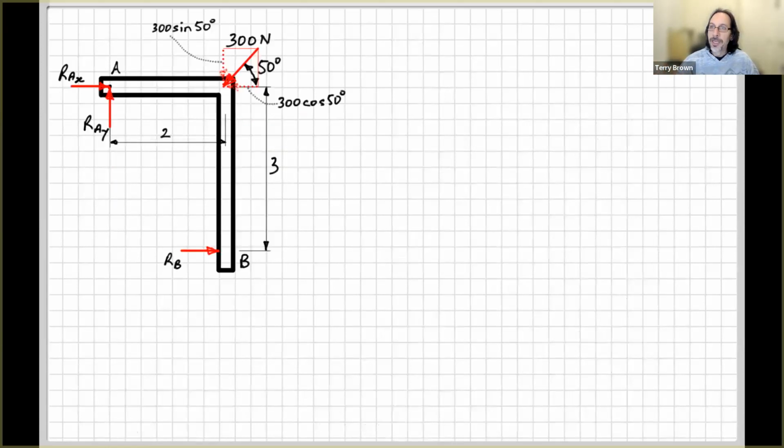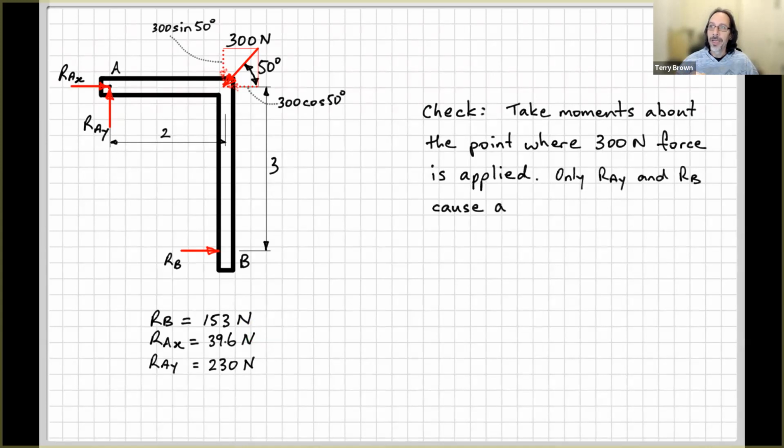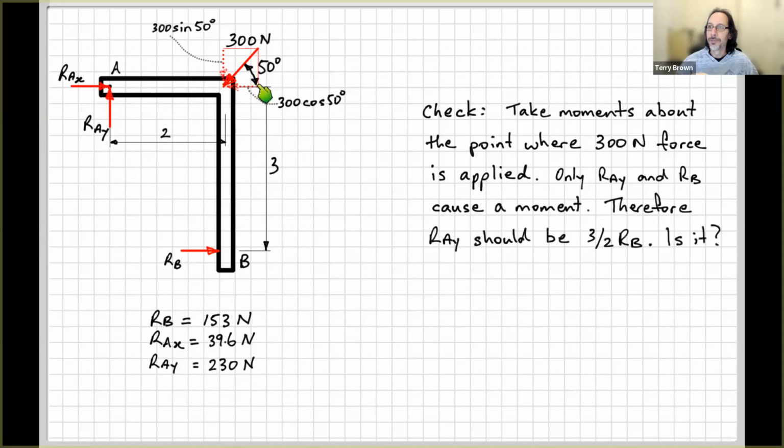Usually what is better to do is to redo the problem in a different way, or to partially redo the problem. You don't always have to do the whole problem, but at least partially redo it. I've just written down here again our answers at the bottom. So what I'm going to do is to think about taking moments about the point where this 300 Newton force is applied.